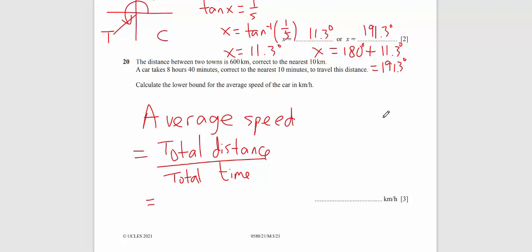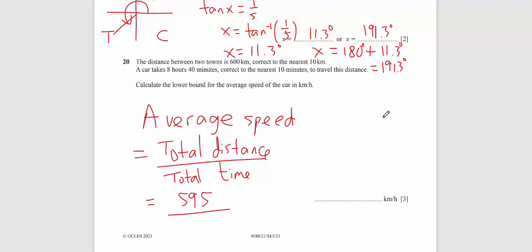Because we want the lower bound, for the total distance we have to pick the smallest one, which is 595.